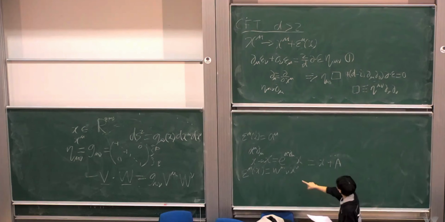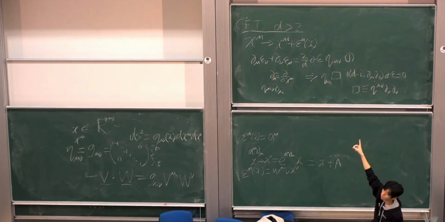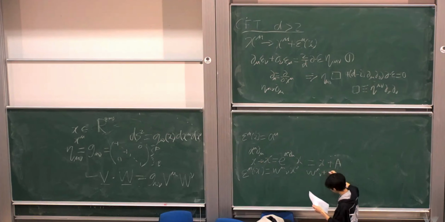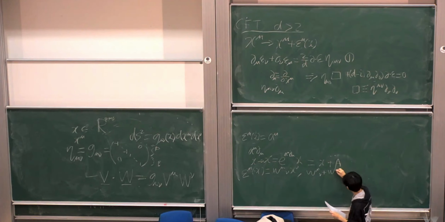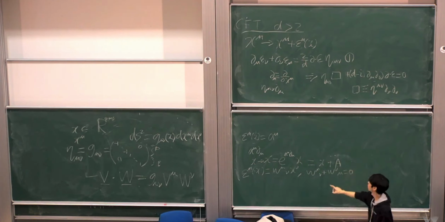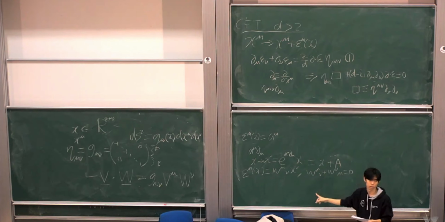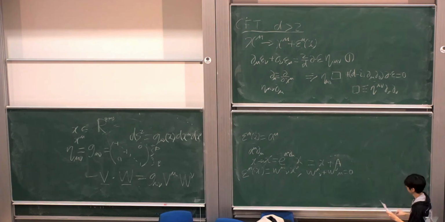And if you plug this into that equation 1, you can see that omega mu nu plus omega nu mu is 0. So when you swap the indices, it becomes 0. It means the omega is antisymmetric or skew symmetric. So omega is the negative of its transpose.